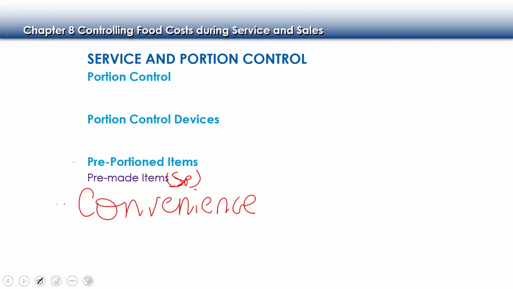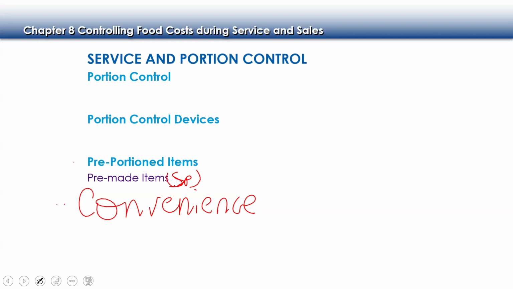But those convenience items sometimes can help us as long as the quality is the same. If the quality is not the same as what your guests expect, how many times have you ever been to a restaurant and you taste the food, and you're like, something's changed. The recipe's changed. Maybe they went to a convenience item because they're trying to save money, cut costs somewhere in labor.